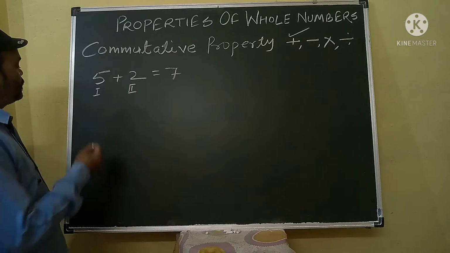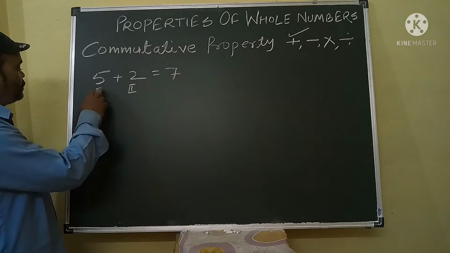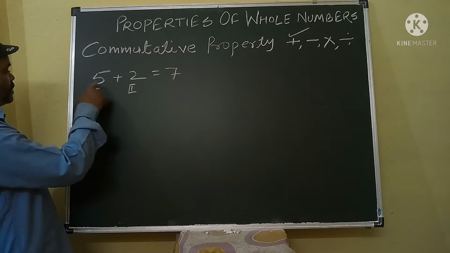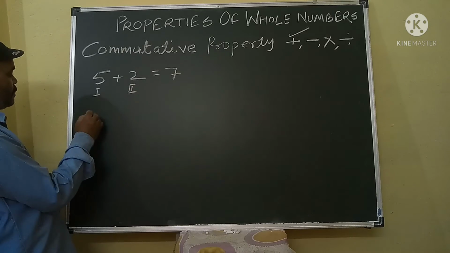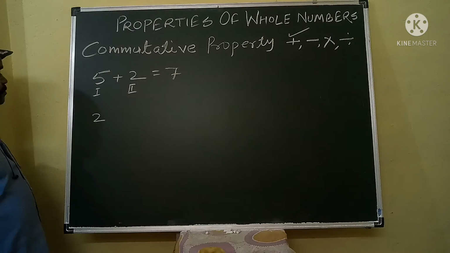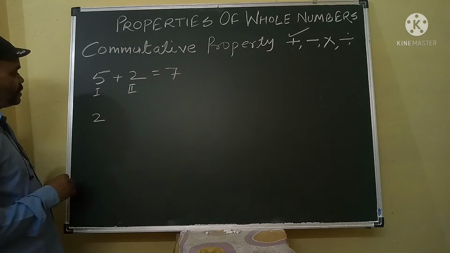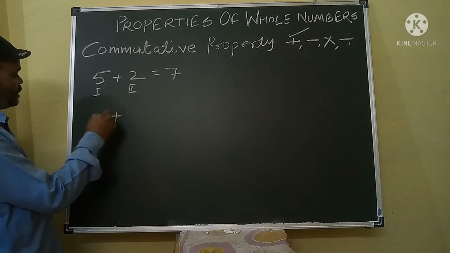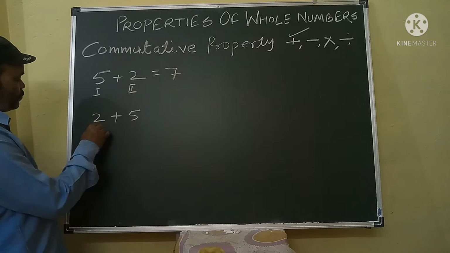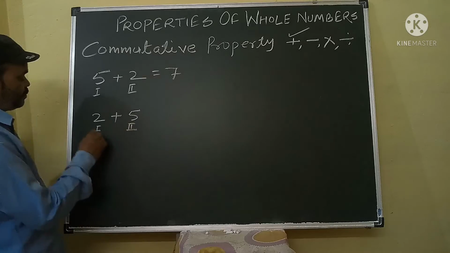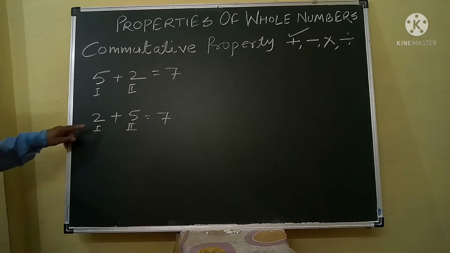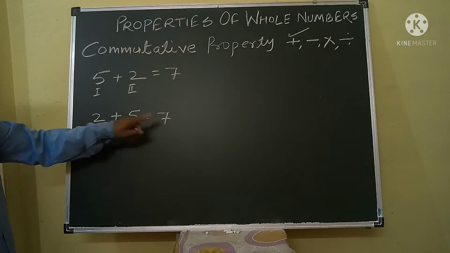But if you change the order of these two whole numbers, what will you get? Now 2 is in the first place and 5 is in the second place. 2 plus 5 gives you 7.